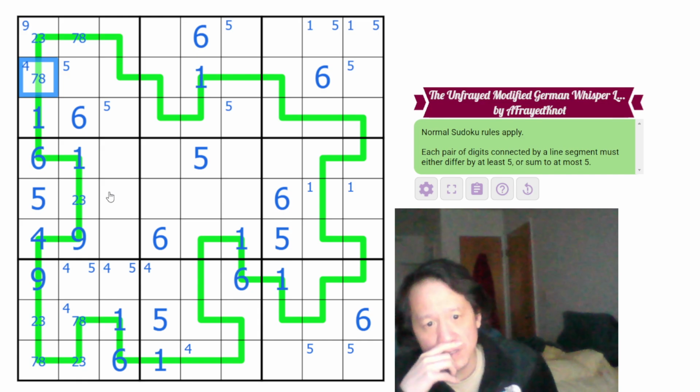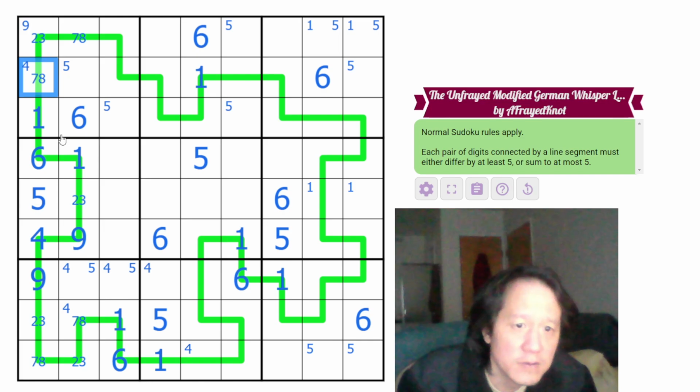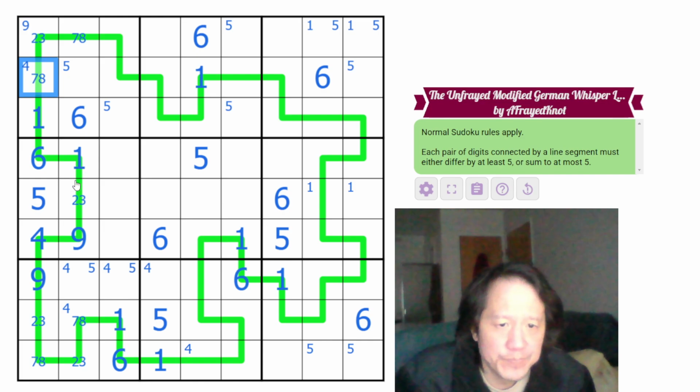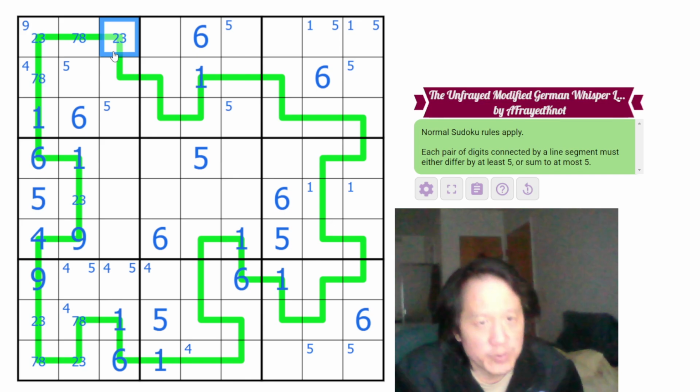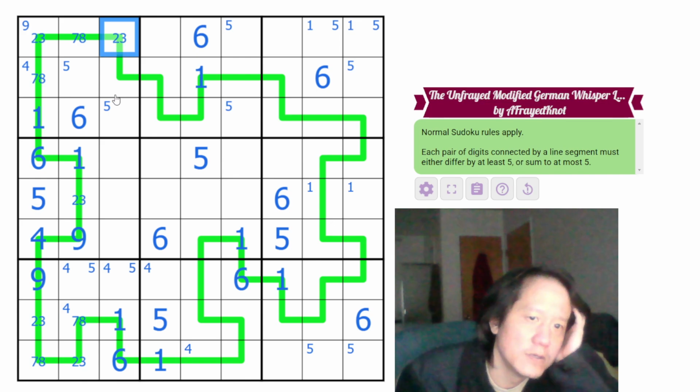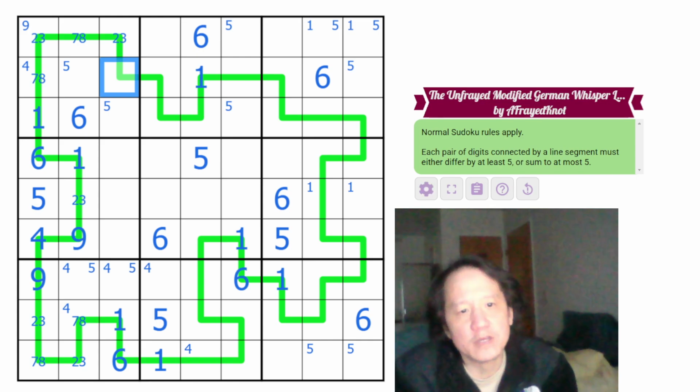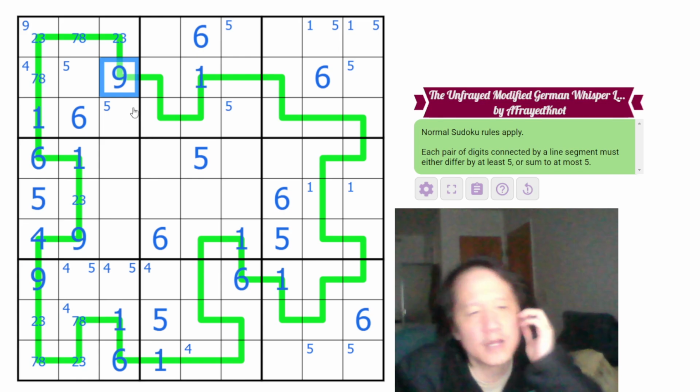So that does kind of work. This would also have to be 2 or 3, which can never be 4 here. So this would have to be a 9. So this does kind of work.